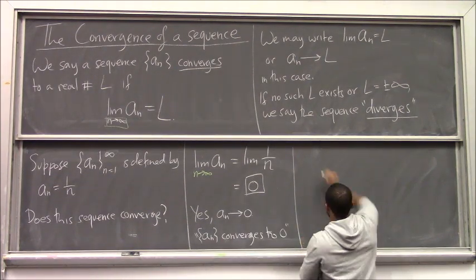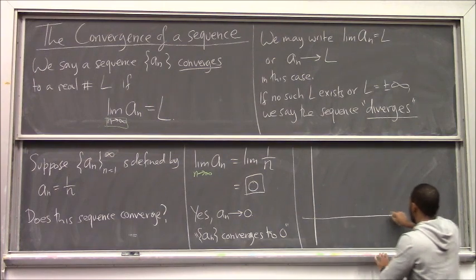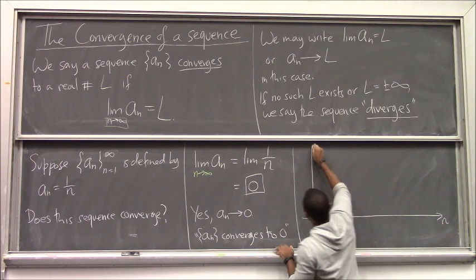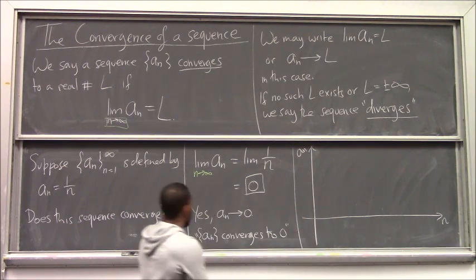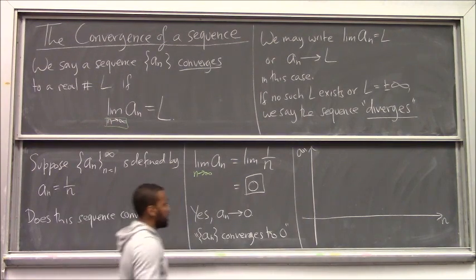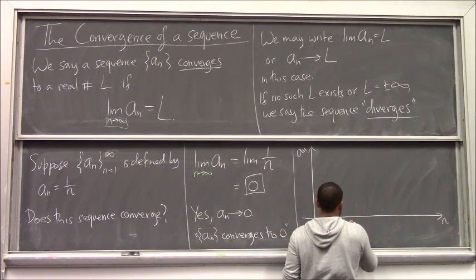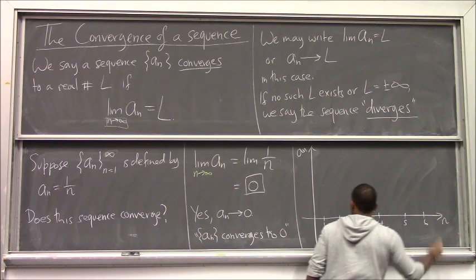Now, what would a picture for this look like? Let's say I was sketching this out on a graph, and my n is here, and my terms are over here. What would this actually look like? Well, 1 over n. Remember, the inputs are just the integers, right? So 1, 2, 3, 4, 5, 6.